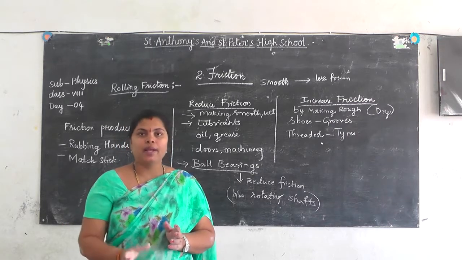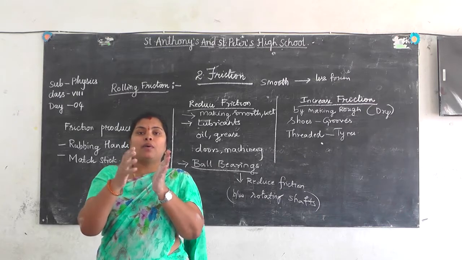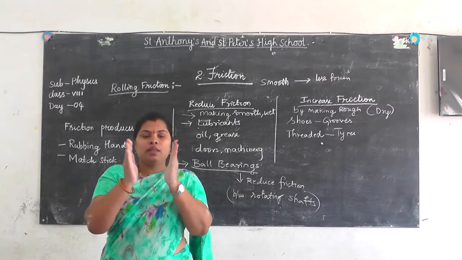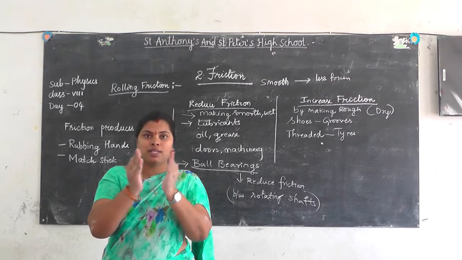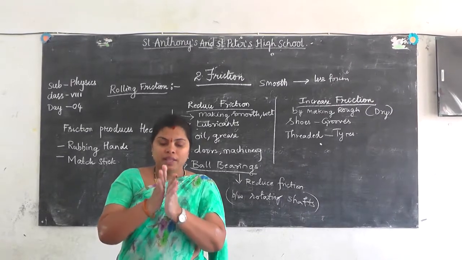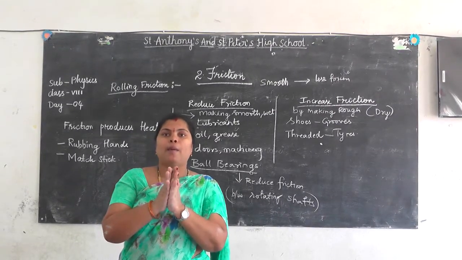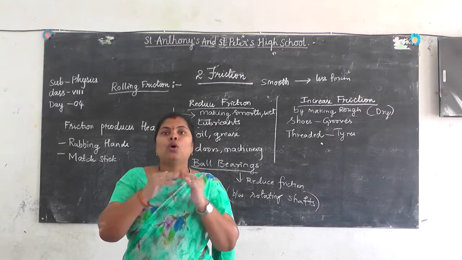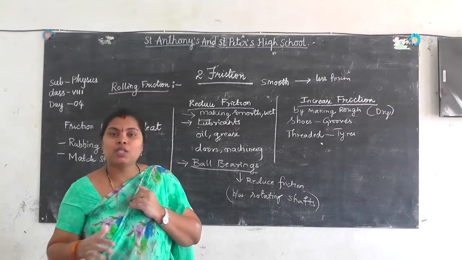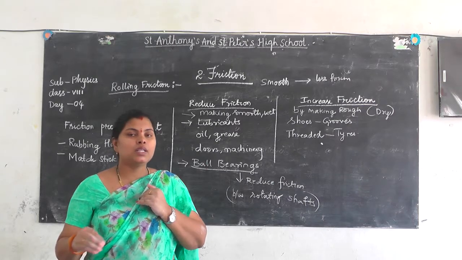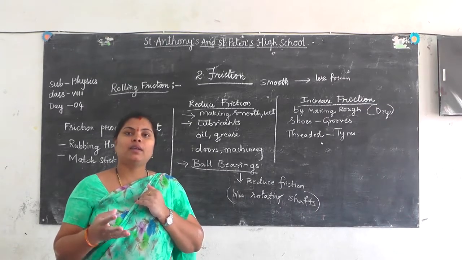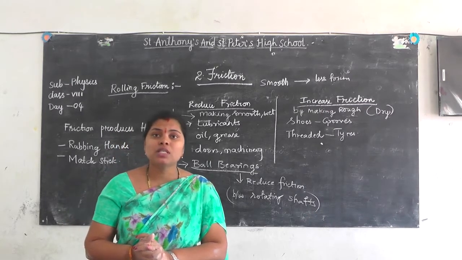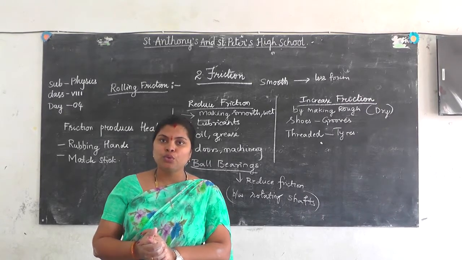Here, by using ball bearings, when we make our rotating shafts rotate, placing the balls between, the two surfaces don't come into physical contact. When they don't touch, no rubbing happens. When they don't touch each other, temperature doesn't increase, no heat is produced there. Because of that, friction is not increased. This helps the machinery to run smoothly.